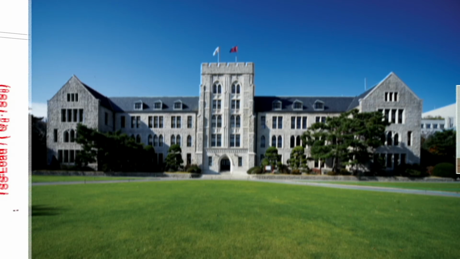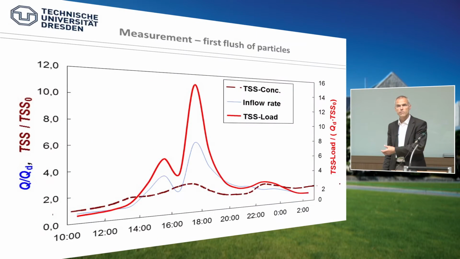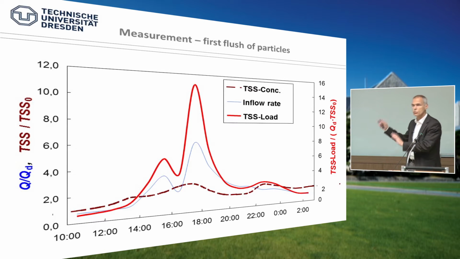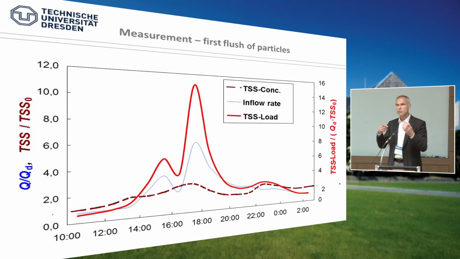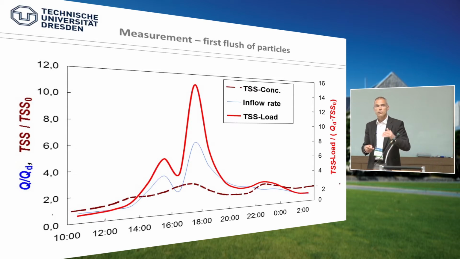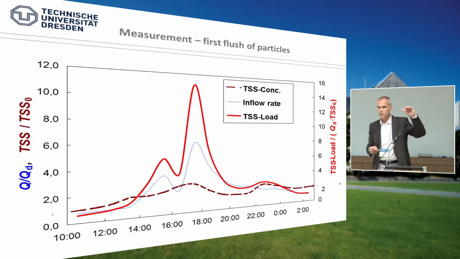This also happens with particulate material, whereas ammonium is a dissolved compound with this dynamic effect. The effect is even stronger when you look at sewer sediment erosion, which might happen very suddenly, and where you do not only get the constant concentration of total suspended solids, but even an increased concentration multiplied with the increased flow rate.